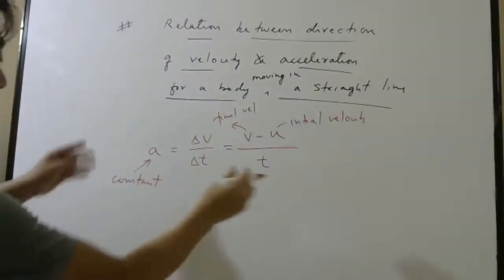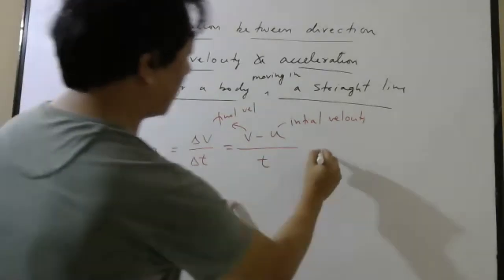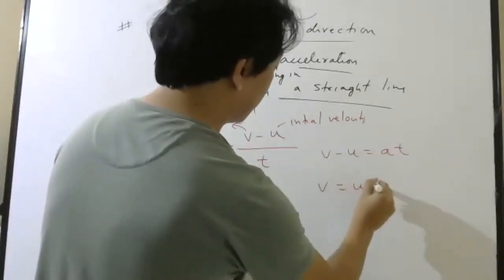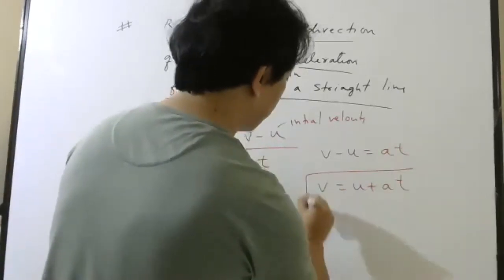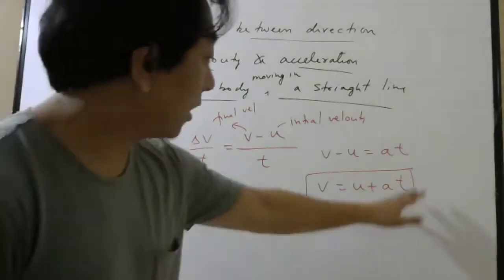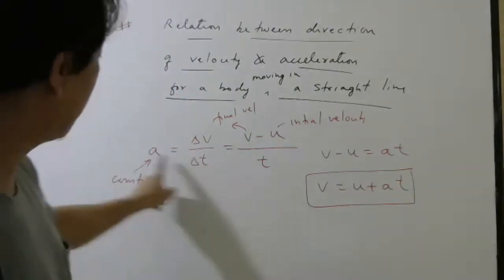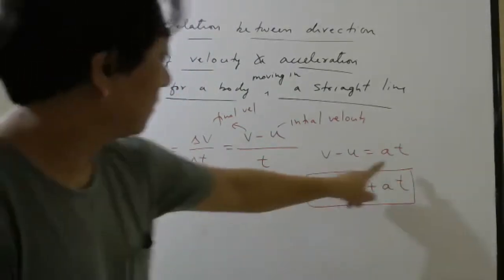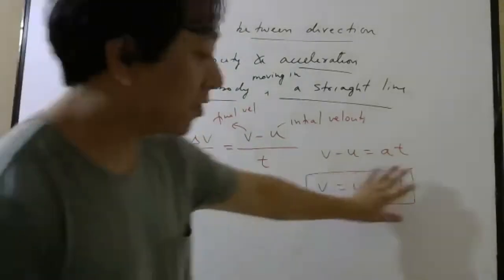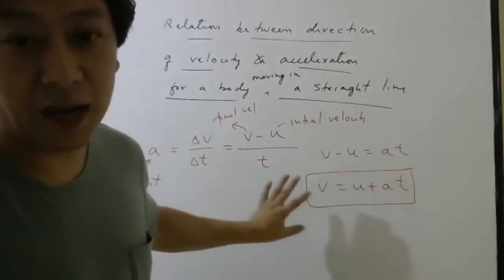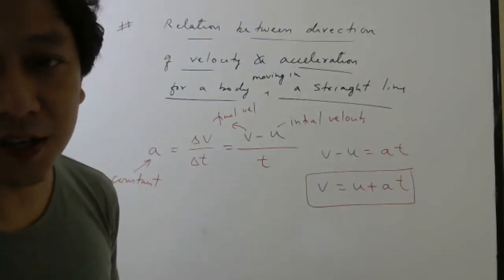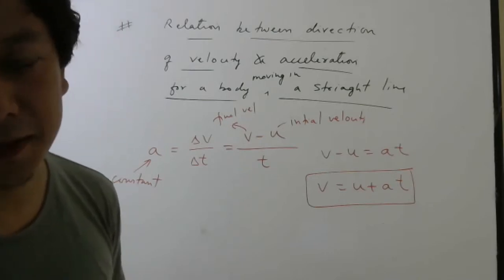Now, let me just rearrange this. Let me cross multiply and write like this. Everybody understood this? I cross multiply, then I take minus u to this side. Now, look at this equation. How many vectors are there? Vectors means quantities which have direction.